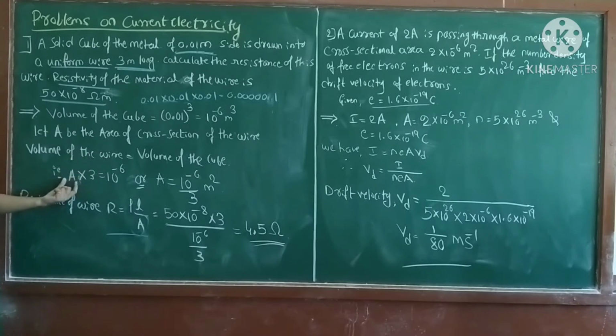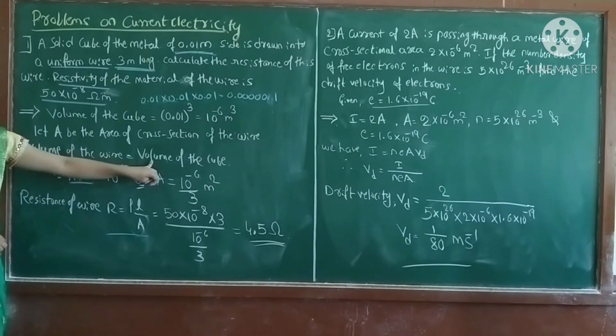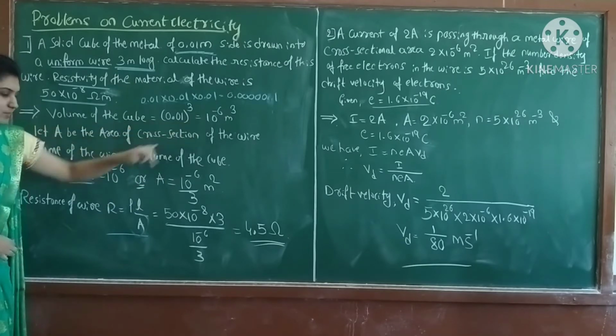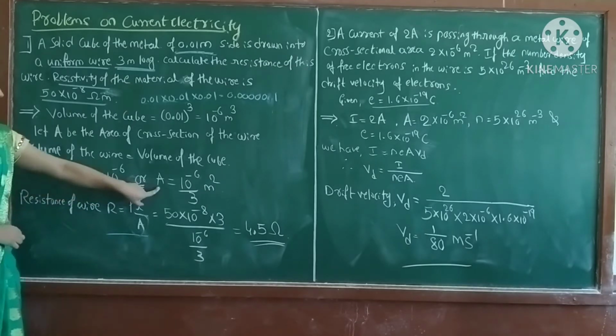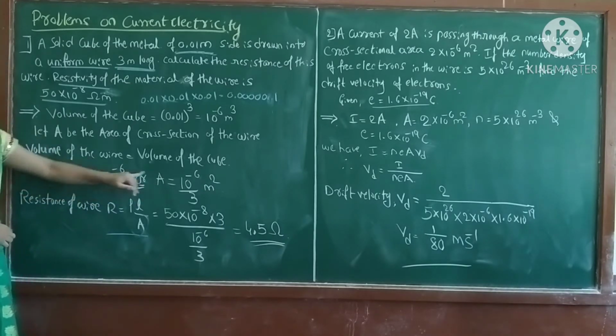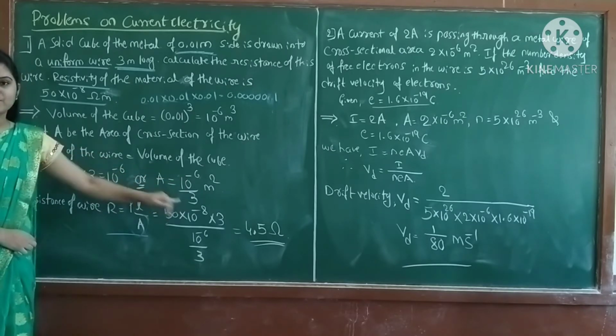Because area into length gives volume. So area is 10 to the power minus 6 divided by 3.